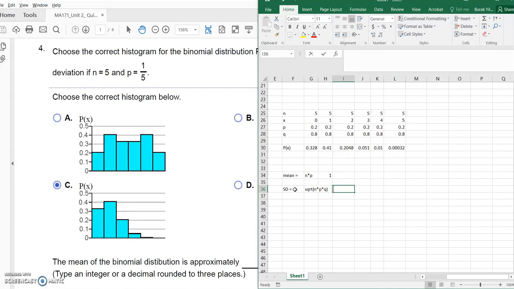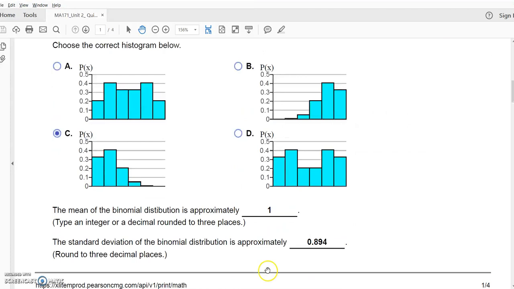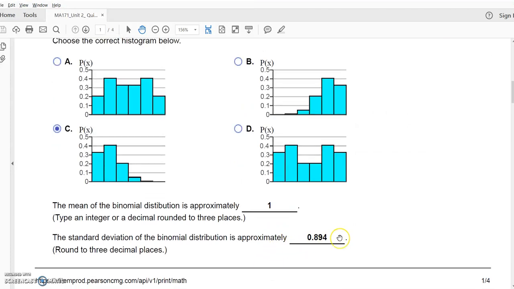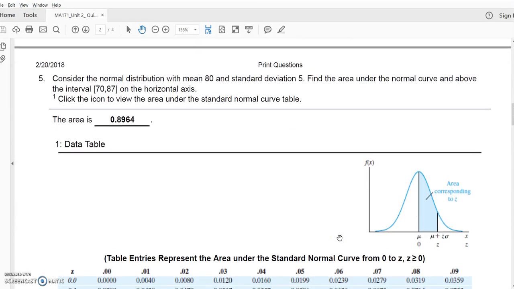So we can use Excel's SQRT. That's the square root of n times p times q. So the mean is 1, and the standard deviation is about 0.894. Alright, that's number 4.